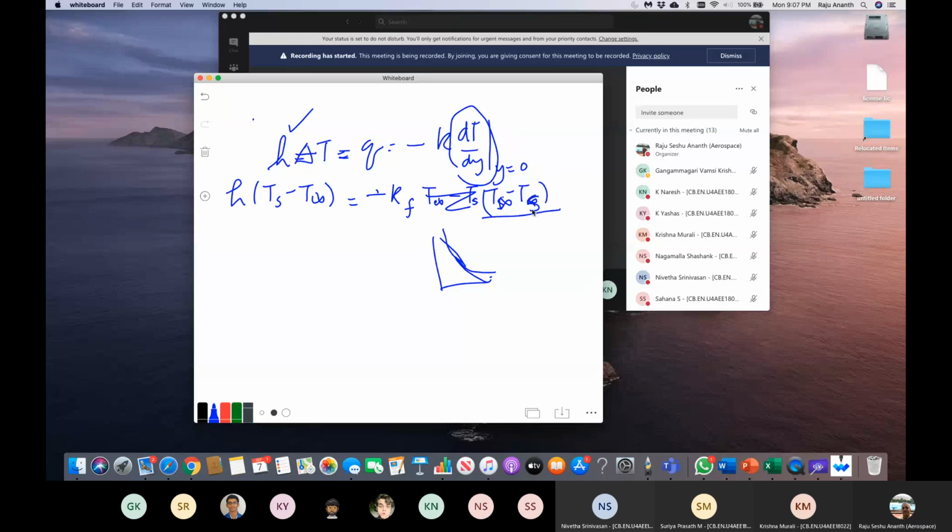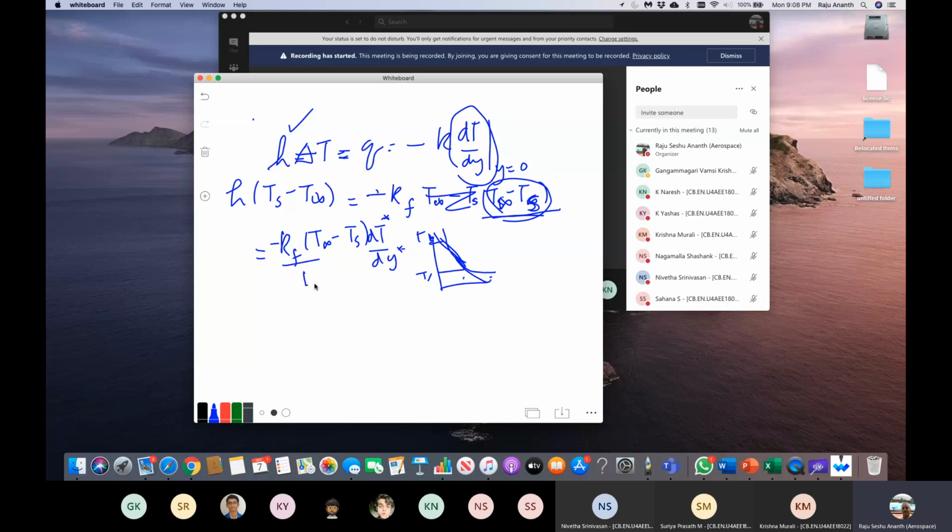In other words, T infinity is this and this is Ts. So this minus this is my temperature, non-dimensional. So that is the reason the Kf became minus T infinity minus Ts divided by L, and this is dT star over dy star.